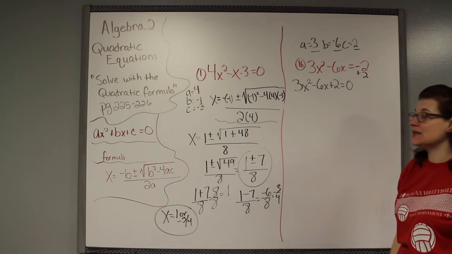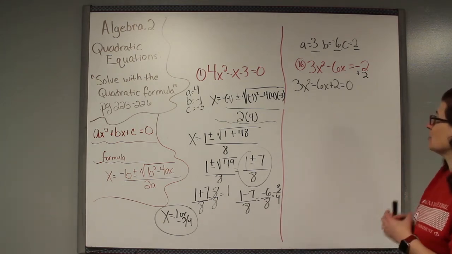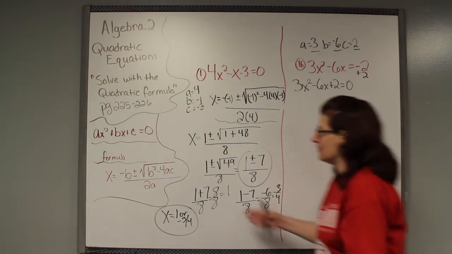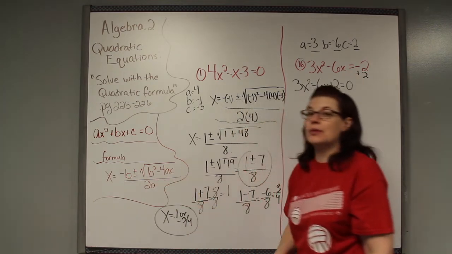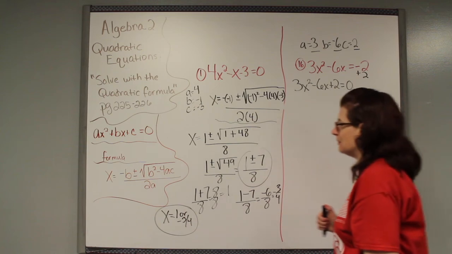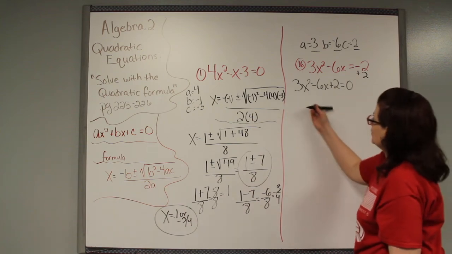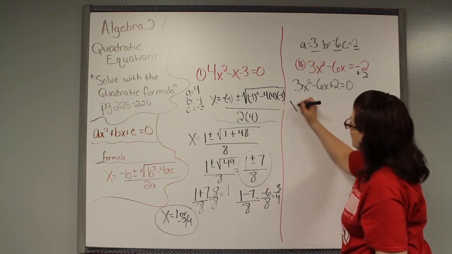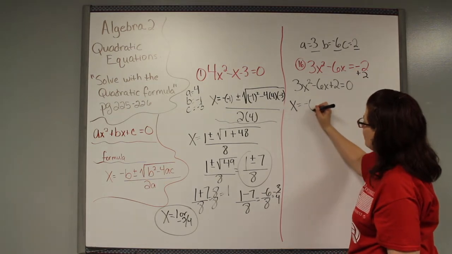Okay, everybody see those? All right, so now we're going to plug them back into this formula. If you plan on going to college, you might as well memorize this formula because it will come up. So we go x equals negative whatever b is.